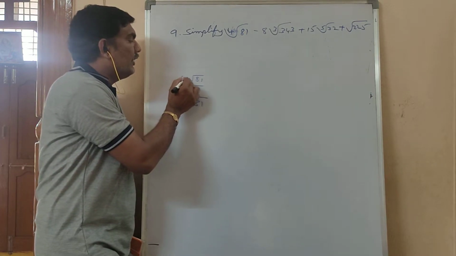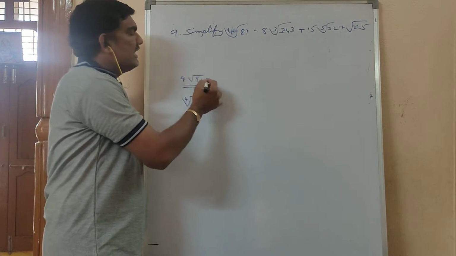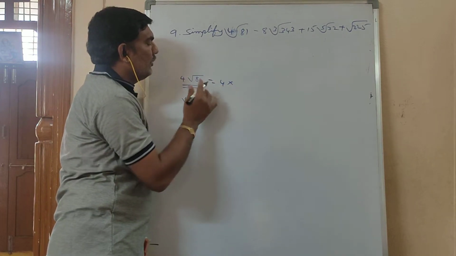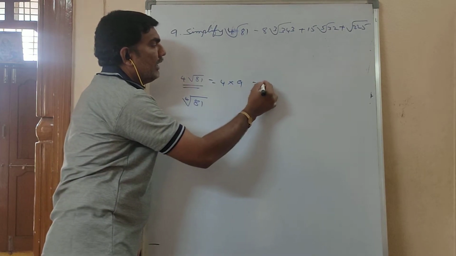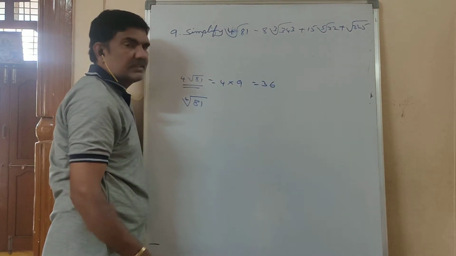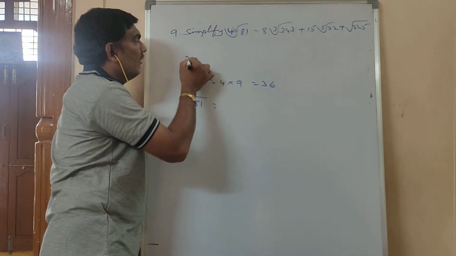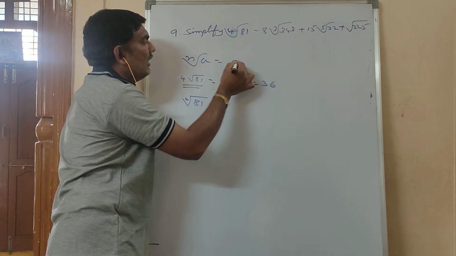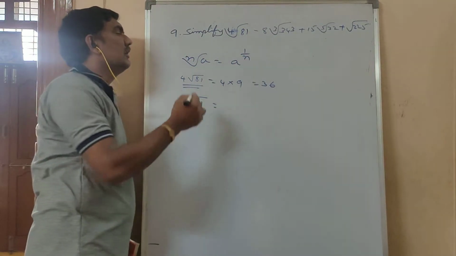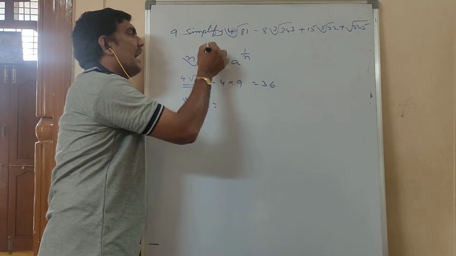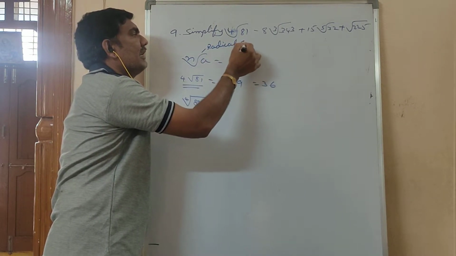It is 4 into root 81, and it is 4th root 81. In its expansion, 4 into 81, square root of 81 is 9, and 4 nines are 36. But here, nth root of a can be written in exponential form as a to the power of 1 by n. This symbol is called the radical sign.